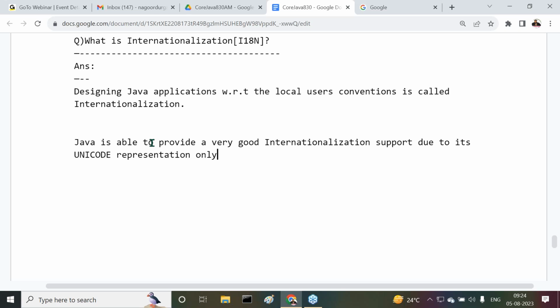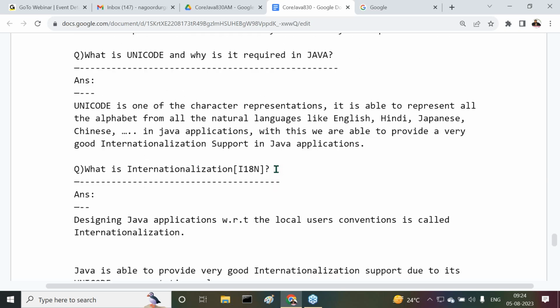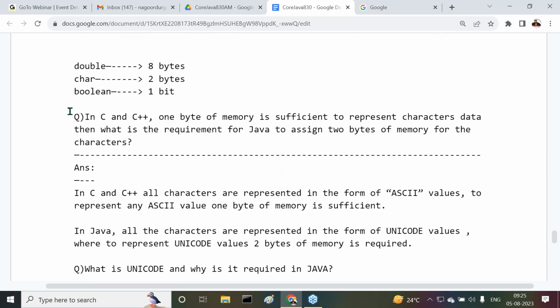That's it. Now this is exactly the point where we can understand internationalization in the case of Java.